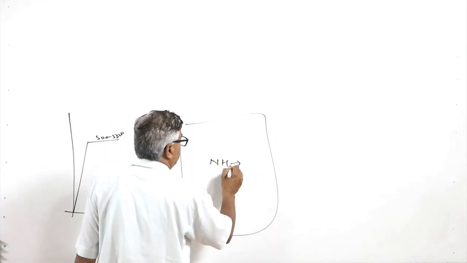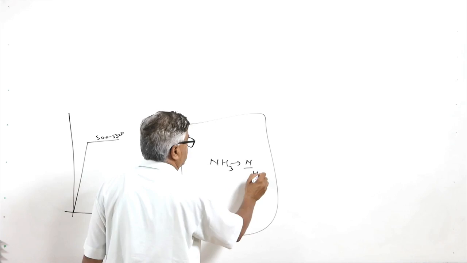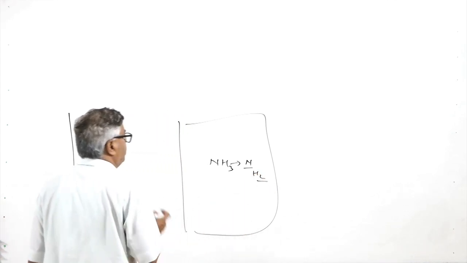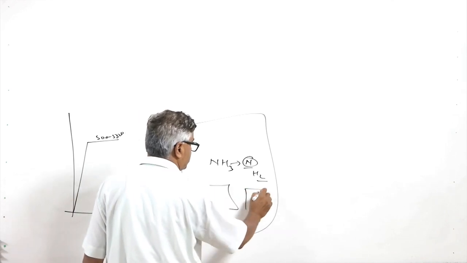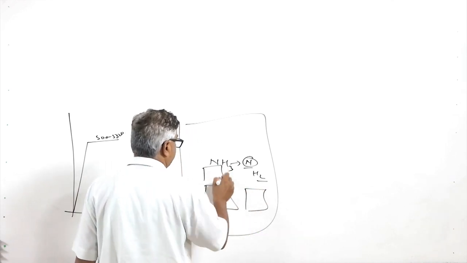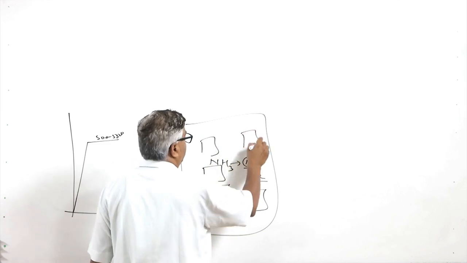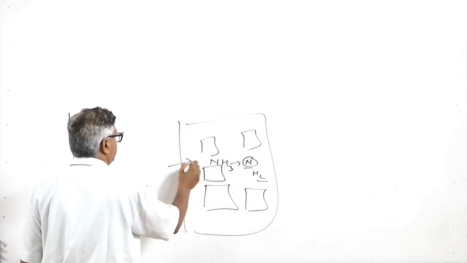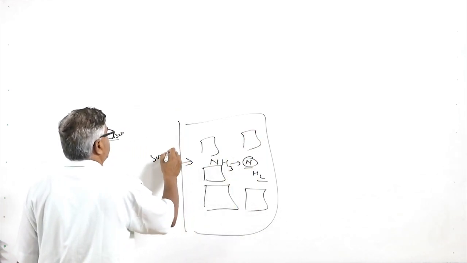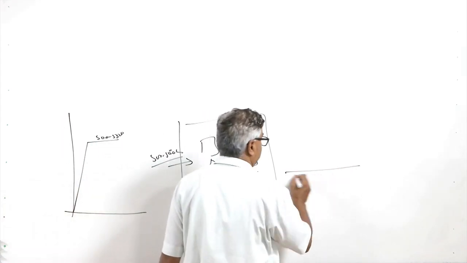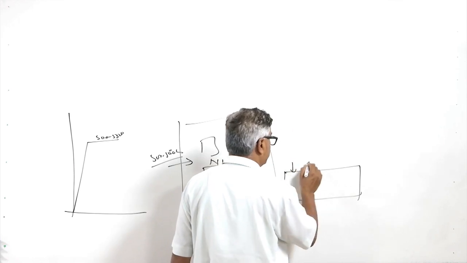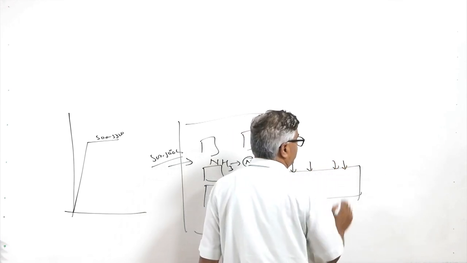Ammonia breaks into nitrogen and hydrogen, and this nitrogen gets diffused into the surface of the component at the high temperature in the ferritic state, of course. So, 500 to 550 degrees centigrade is the normal thing which is used. In this process basically the nitrogen will be getting introduced at the surface in the ferritic state.